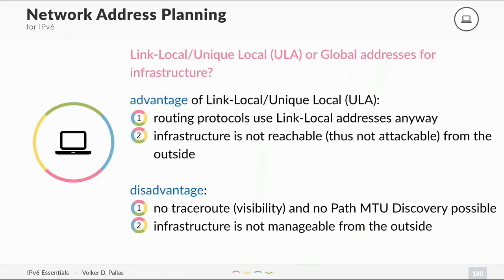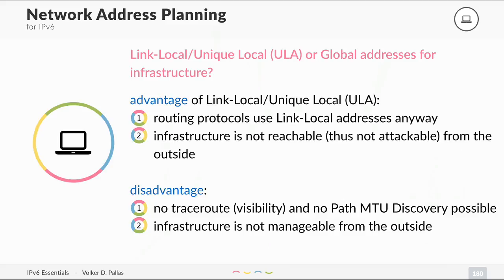Another design question is, should you use link local, unique local, or global addresses for your infrastructure? There is an advantage of using link local or unique local addresses. Routing protocols use link local anyway, and your infrastructure would not be reachable from the outside, which means nobody can attack it from the outside.